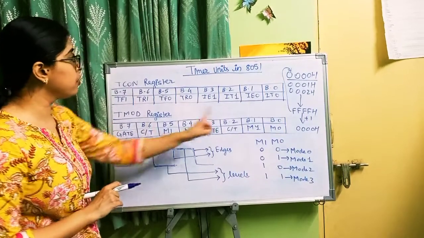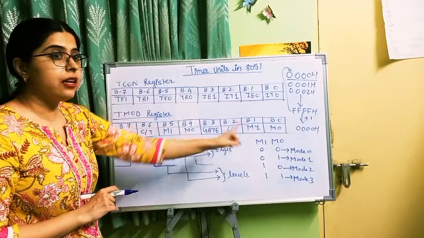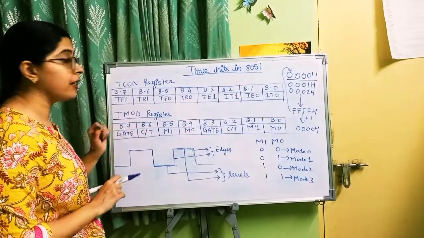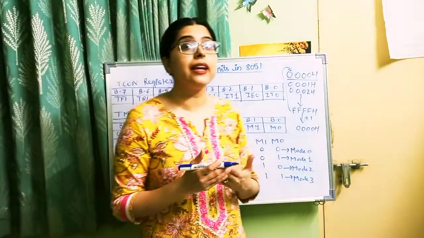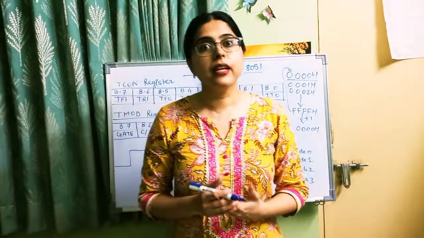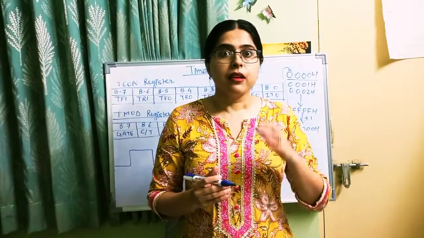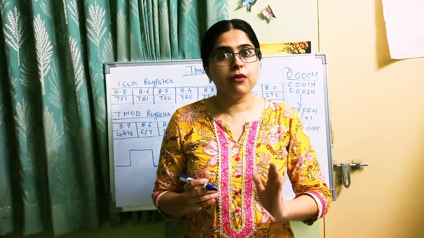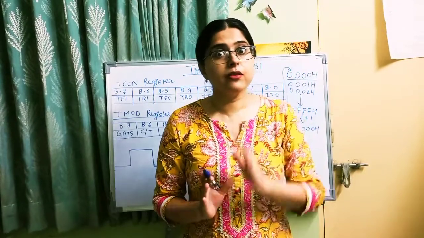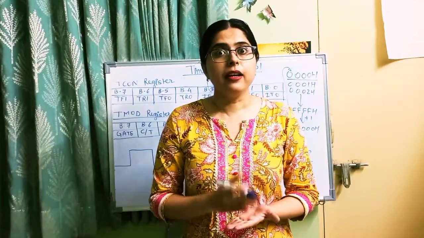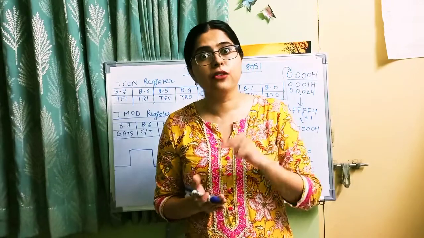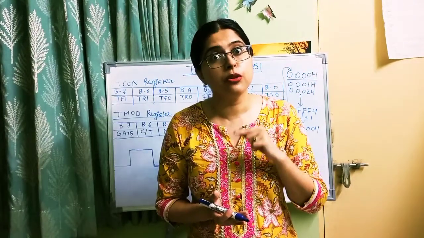It has a total of 8 bits. Out of these 8 bits, we will discuss the gate bit. What is this gating control? When this gating control is 1, timer 0 or timer 1 is enabled, but there is one condition: the INT0 or INT1 pin has to be logical 1.